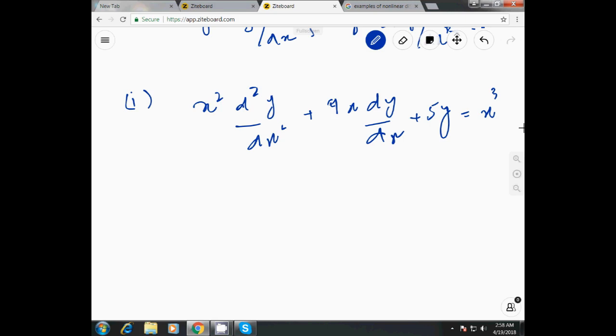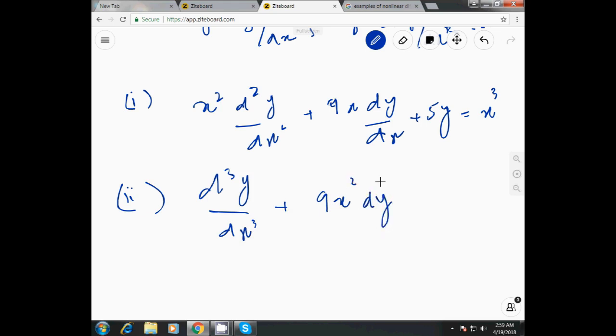This is a linear differential equation. Similarly, d cube y by dx cube plus 9x square d square y by dx square is equal to minus 8y.